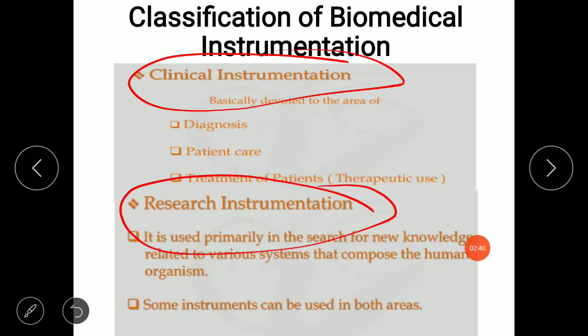Clinical instrumentation is devoted to the diagnosis, care and treatment of patients, whereas research instrumentation is used primarily in the search for new knowledge pertaining to the various systems that compose the human organism, or you can say it is for research in the human organism.